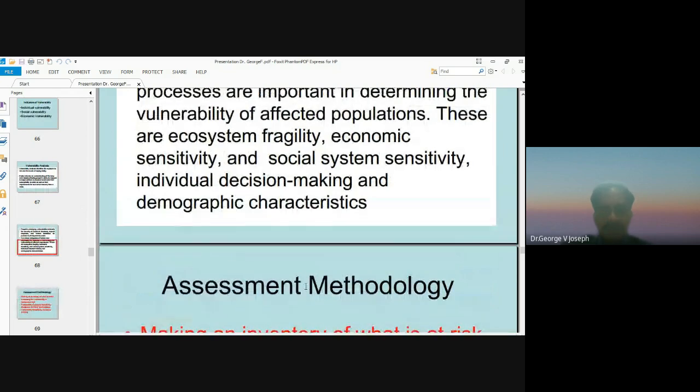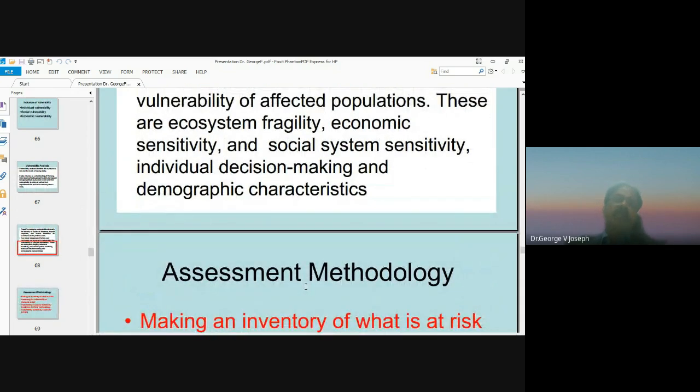So these are issues we need to look at, not just the hazard, location, and access to resources, but the resilience, the cycles of support, and the decision making process: whether people are able to take decisions even during a hazardous event, what the pattern is, whether people are able to recoup immediately after they come together and support each other, what social support exists, and what the local support system and leadership are. These issues also need to be considered while assessing vulnerability.